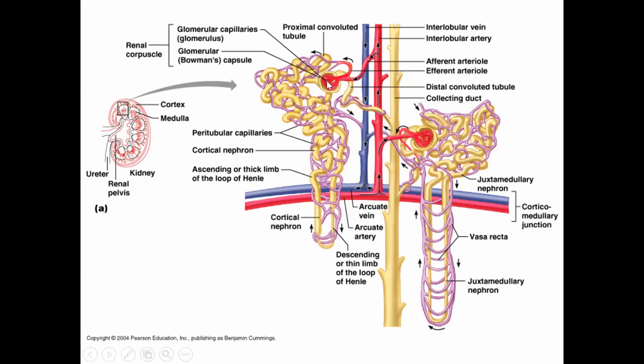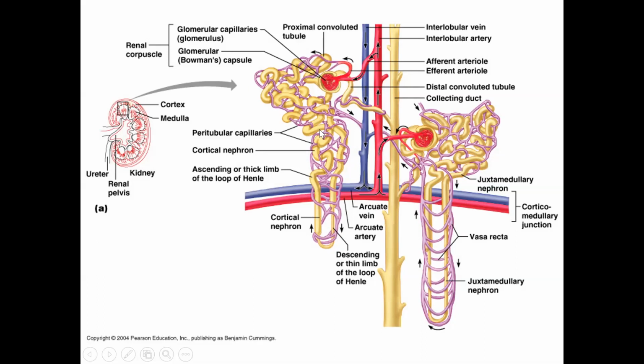The filtrate will get to the Bowman's capsule and start to travel in this yellow tubular structure. This yellow tubular structure has the PCT, loop of Henle, and DCT. Three big parts for this tubular structure. While the filtrate is traveling down and then up, before it gets to the collecting duct, you see these purple lines.